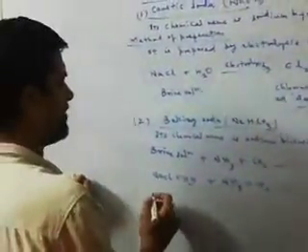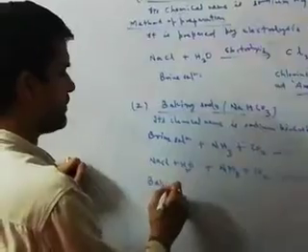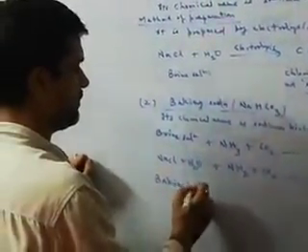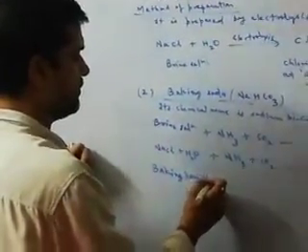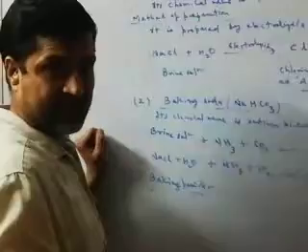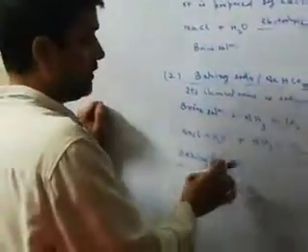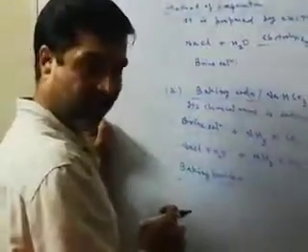This baking soda is used to prepare baking powders. And also baking soda is used to prepare washing soda. Last day we have seen this. So what is baking powder and what is the difference from baking soda?